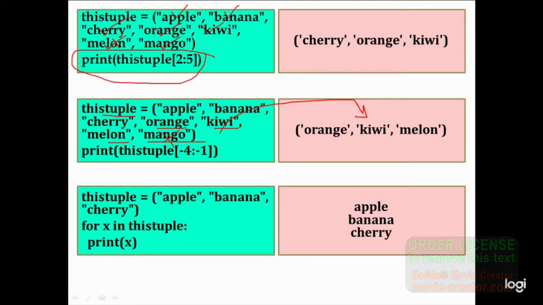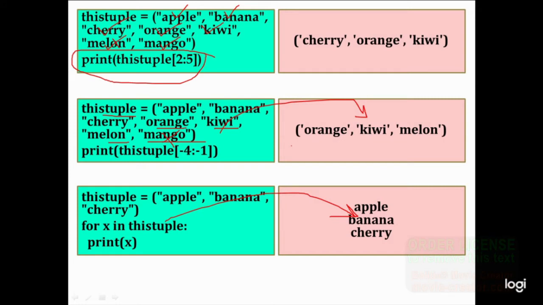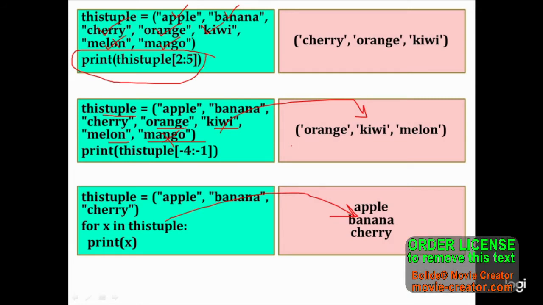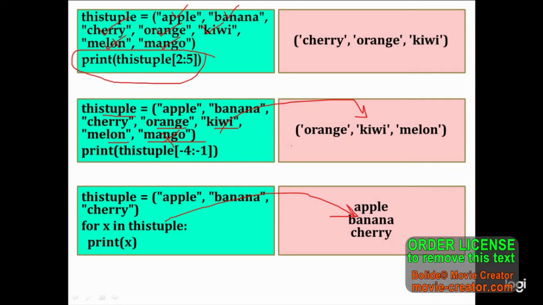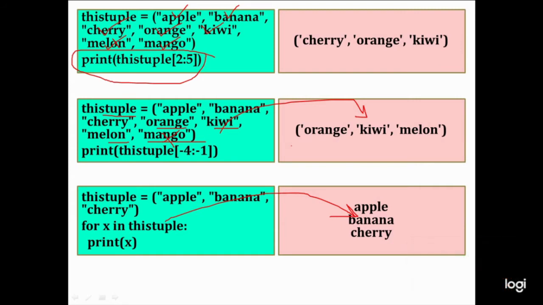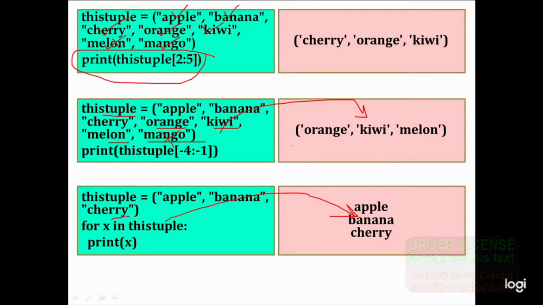Next, an example with a for loop. If you are using a for loop for the tuple, it will print the items in an iterative way, not in a single line. In the previous example, the tuple collection is the same. For x in this tuple, it means in the loop you have stored the tuple items. The loop variable is x, and that will carry the data items of the tuple.